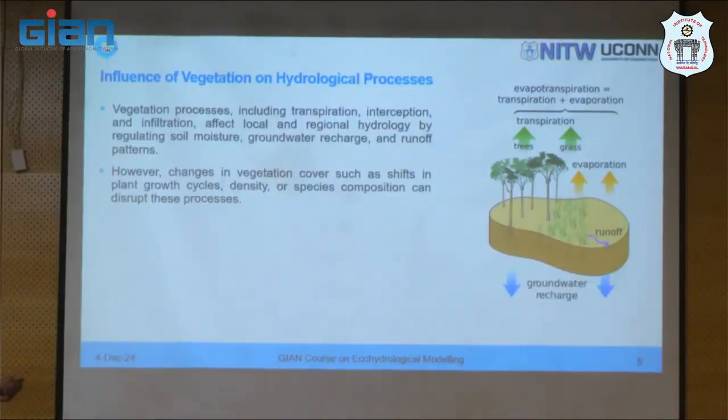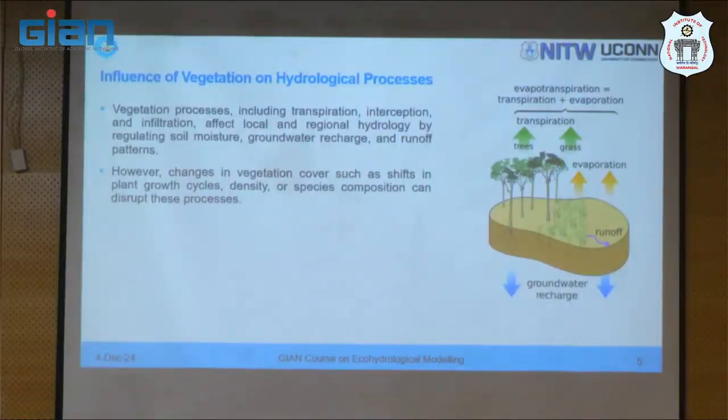Okay. Now because of these changes in evaporation, evapotranspiration, and increased soil moisture, there will be an effect on the microclimate. Okay, I have it in my next slide. But in addition to that, you will have higher groundwater recharge, since the water that is percolating is slow, it will have more time to percolate, and the runoff patterns change. The surface runoff gets reduced.